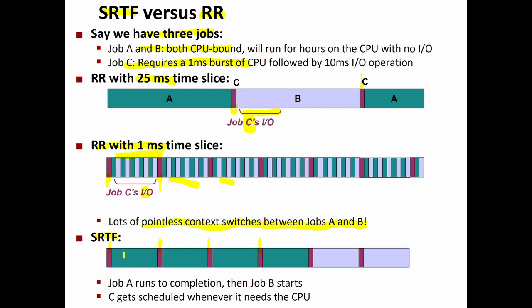In the meantime, when we start running A, it will continue with A without making any context switches to B, because its remaining time will be less than the remaining time of B, and as a result it makes way fewer context switches between processes.